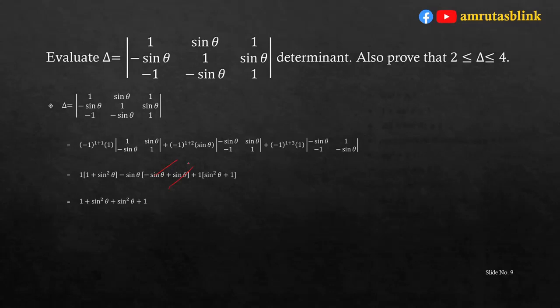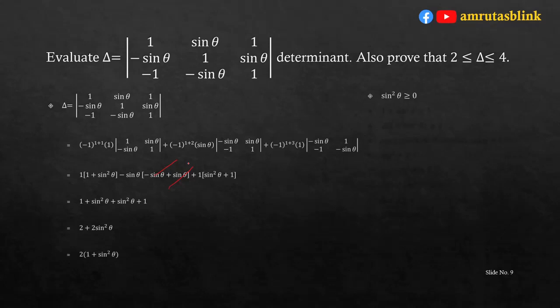So, 0 into minus sin theta will give you 0 and plus 1 into sin square theta plus 1 will remain as sin square theta plus 1. So, we have got 2 plus 2 sin square theta. So, value of this determinant delta is equal to 2 plus 2 sin square theta.